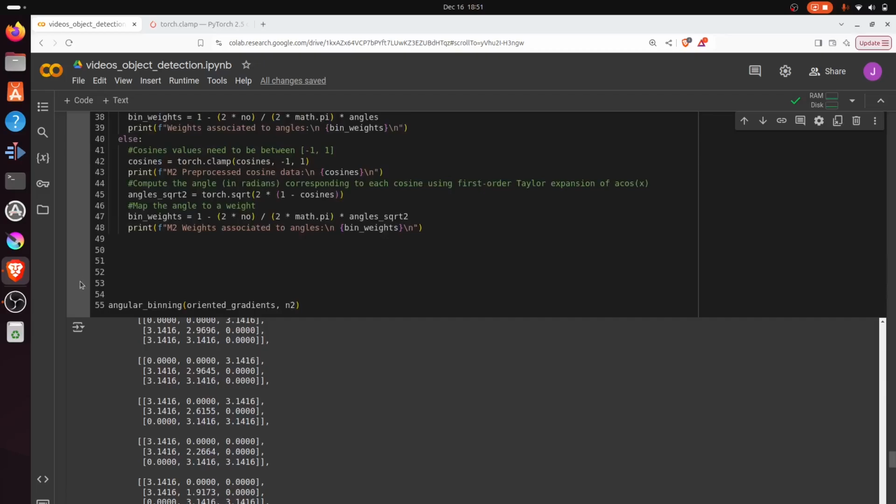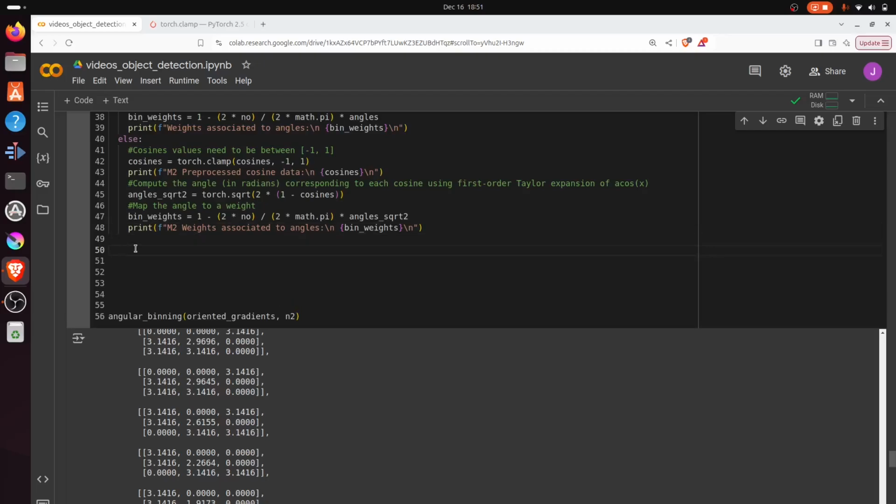So, how are we going to fix this? How are we going to get rid of these negative bin weight values? Well, we're going to clamp them out, replacing all negative values with zeros, so that we avoid having to deal with negative weight values. So let's do that.